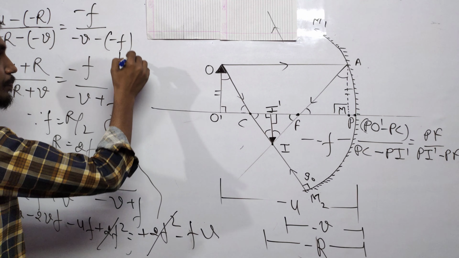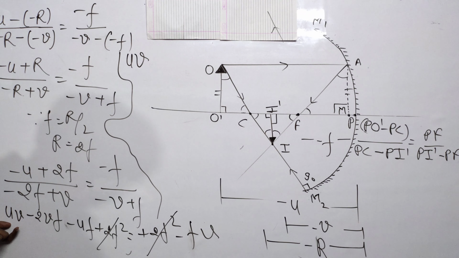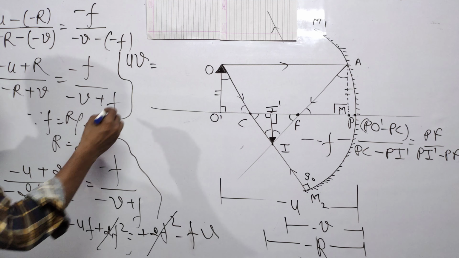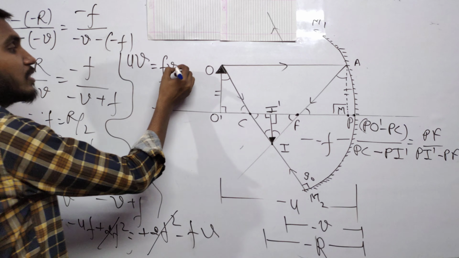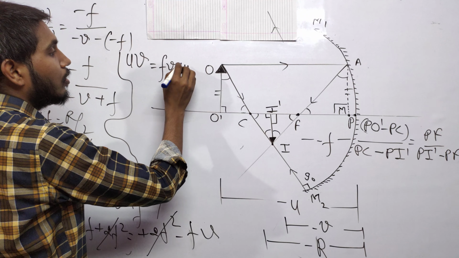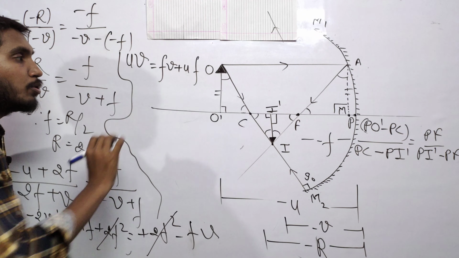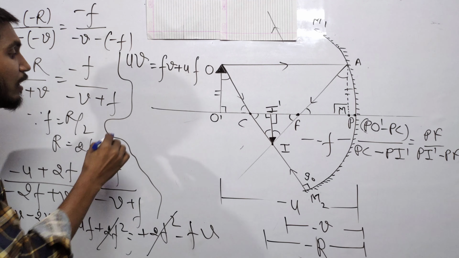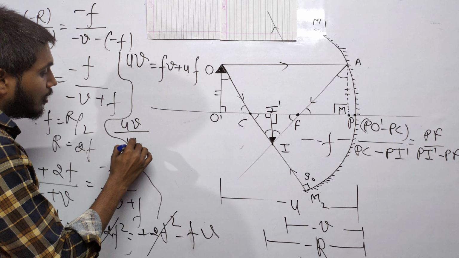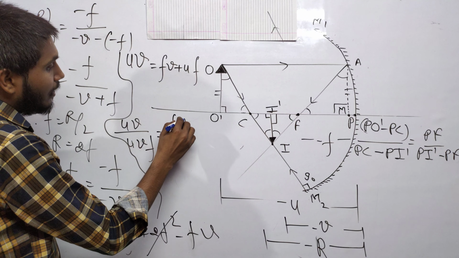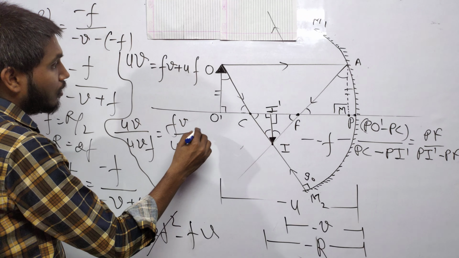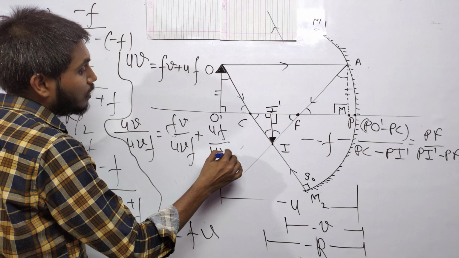Okay. So dear students, it will be cancelled. UV equals minus FV, 2FV goes there as plus 2FV, then remains FV, and minus UF goes there as plus UF. So divide both sides by UVF: UV by UVF, FV by UVF, UF by UVF.